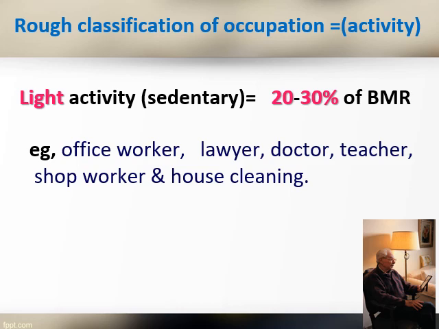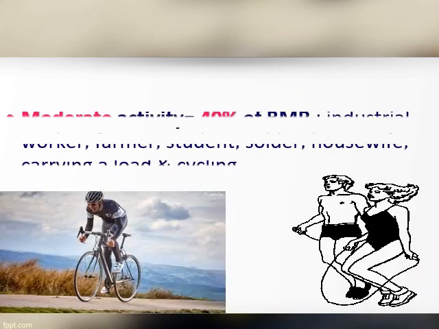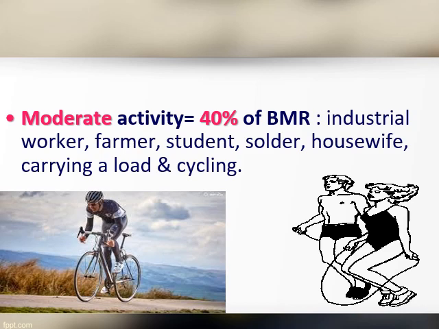Examples of the light activity: office worker, lawyer, doctor, teacher, shop worker, and house cleaning. While moderate activity represents 40% of the basal metabolic rate. Examples: industrial worker, farmer, student, soldier not in active work, that means not in the battle, and housewife carrying a load and cycling.